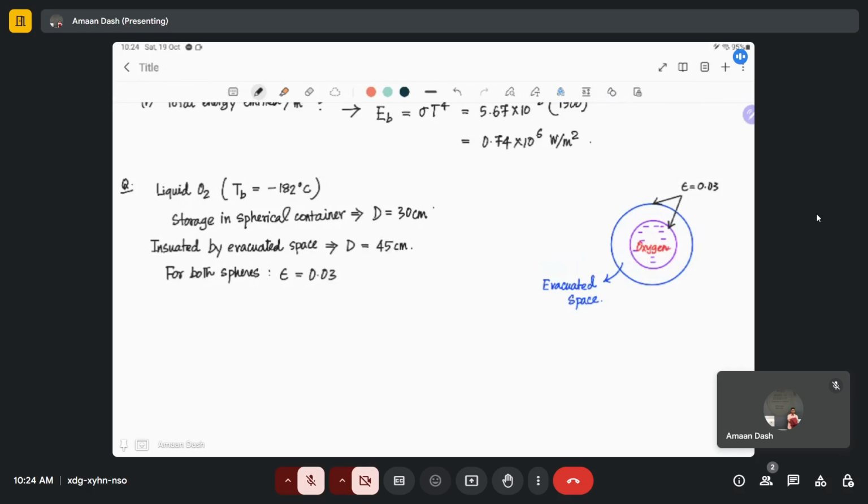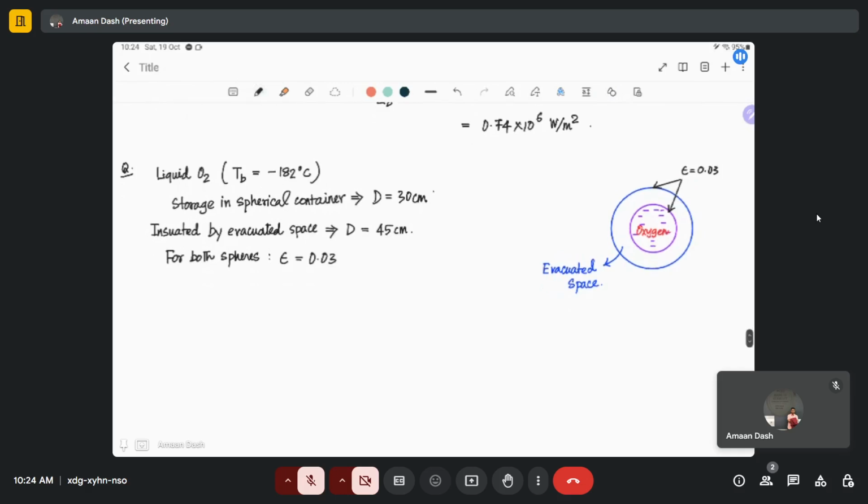And the temperature of the outer sphere is 30 degree Celsius.